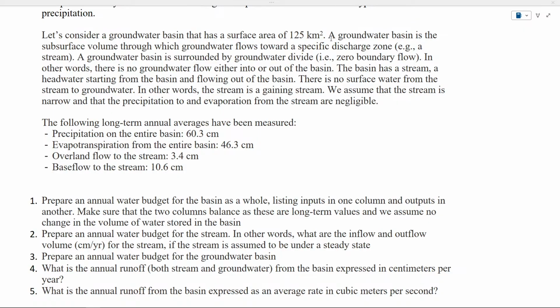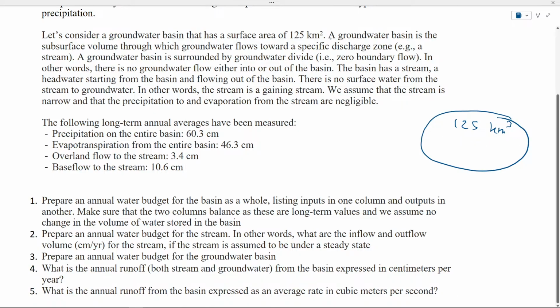The groundwater basin is the surface volume through which groundwater flows toward the specific discharge zone, like a stream. So this is a groundwater basin, and this area is 125 square kilometers.